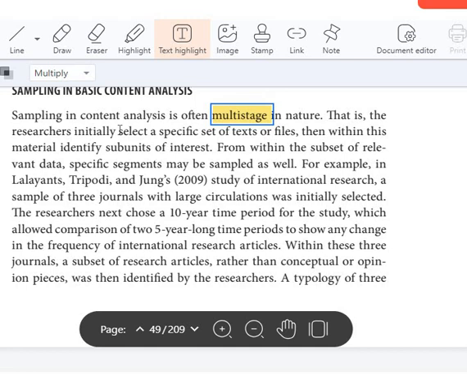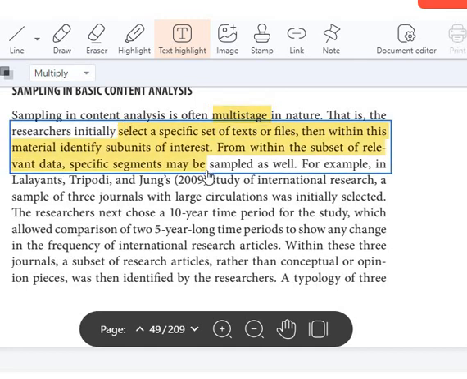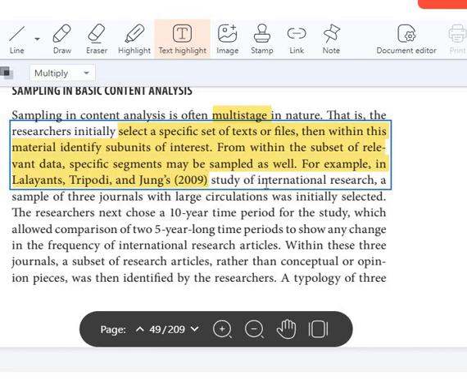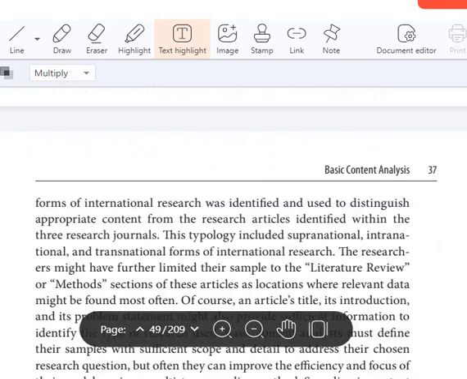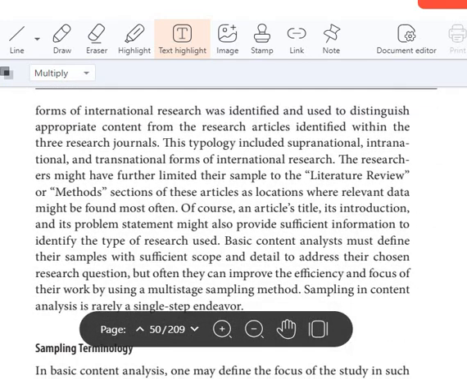Then, within this material, we identify subunits of interest. Okay, from within the subset of relevant data, specific segments may be sampled as well. So we are not only focusing on some text or files, but also on the subunits of interest. Okay. Hear more about this process. It is so important to understand this sampling thing.